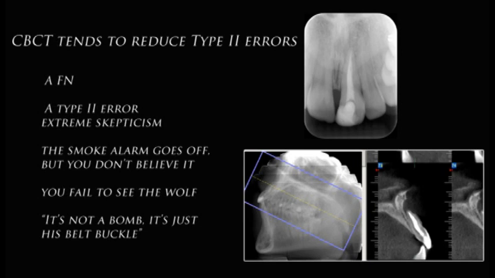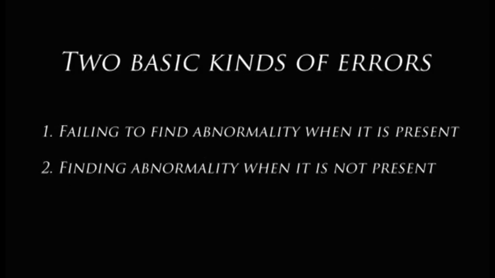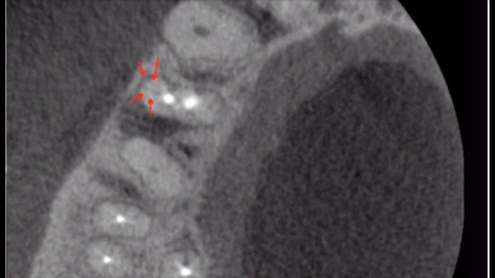So let's look at the second type of error, finding an abnormality when it's not present. This is a case from Sachinalapati that he posted on our chat group. What's this? It's a fracture, right? You're finding this fracture. The problem is it isn't fractured. You're finding disease that isn't present.